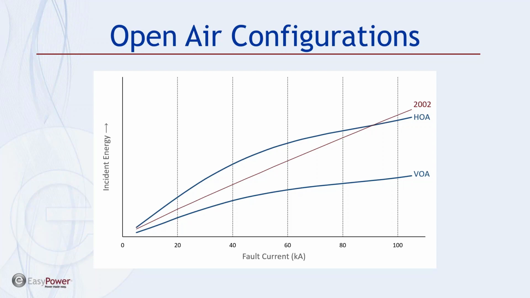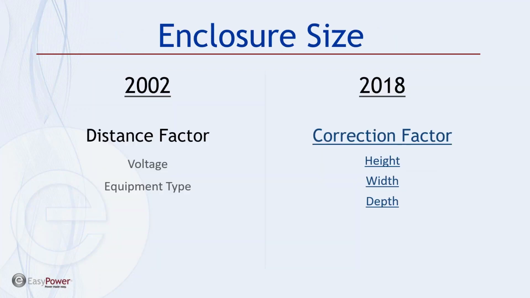So the expectation here, at least in my opinion, is that if we're working in a vertical electrode configuration in open air, our calculations may be conservative if we base them on the 2002 model.